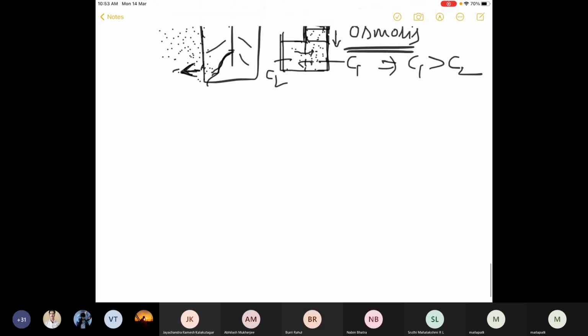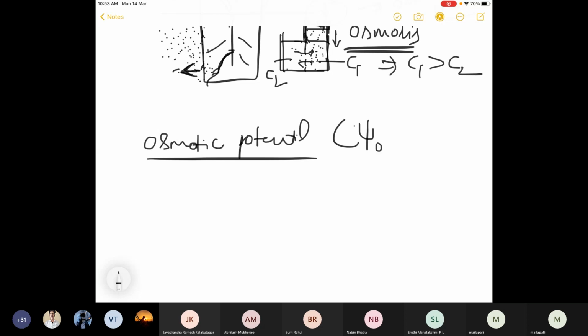So now, osmotic pressure or osmotic potential. That is measured or estimated, and we call it psi naught.